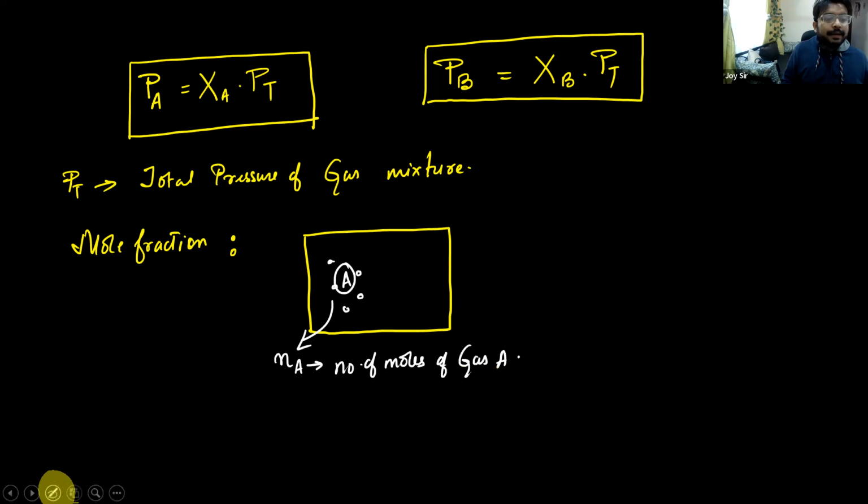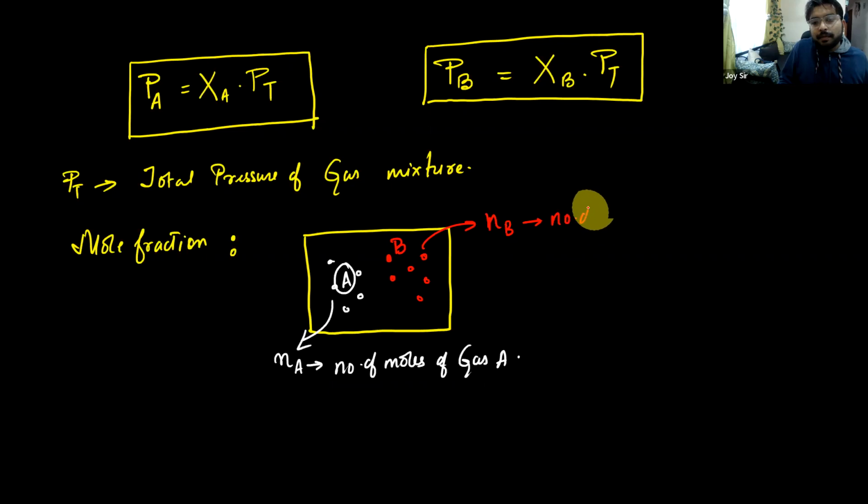ठीक है? Let me take one more sample, that is B. I'm taking one more sample of gas, that is B, and this B has Nb number of moles.